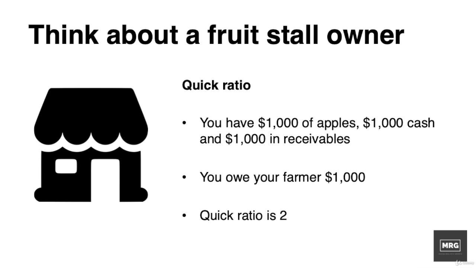You owe your farmer $1,000. For this instance, your total current assets is $3,000. You take off $1,000 worth of apples in inventory. You divide that by 1,000, and you will get a quick ratio of 2. So remember, the higher the number, the better it is for quick ratios.